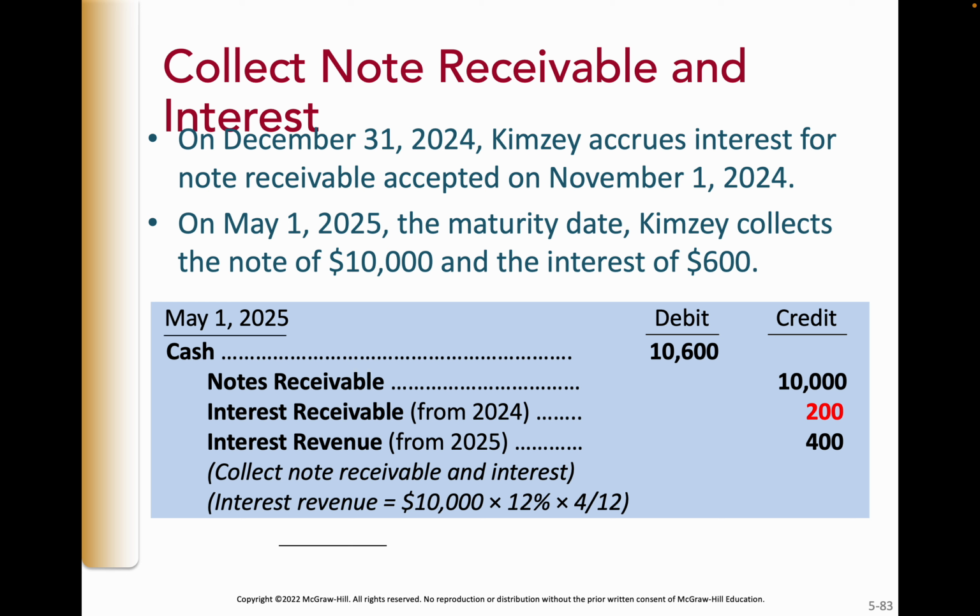So they're still getting $600 in interest revenue, but $200 was in 2024 and $400 is in 2025. So you also have to watch for dates of when the notes are made. And if they extend over 2 calendar years or 2 fiscal years for a company, you would have to adjust for the interest receivable.